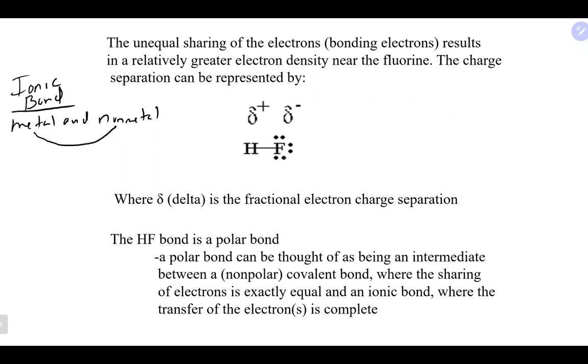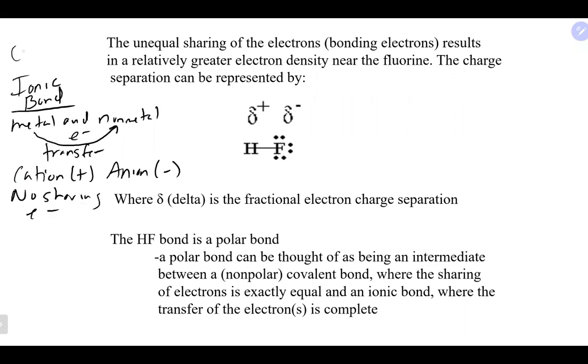Again, we get the transfer of electrons, and that creates our cation, which is positively charged, attracted to our anion, which is negatively charged, and no sharing of electrons here. So an example of that would be sodium chloride.